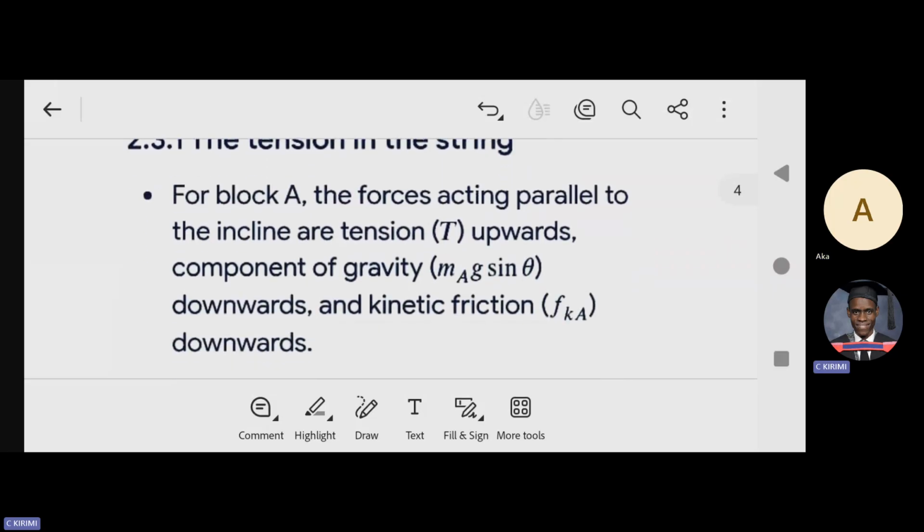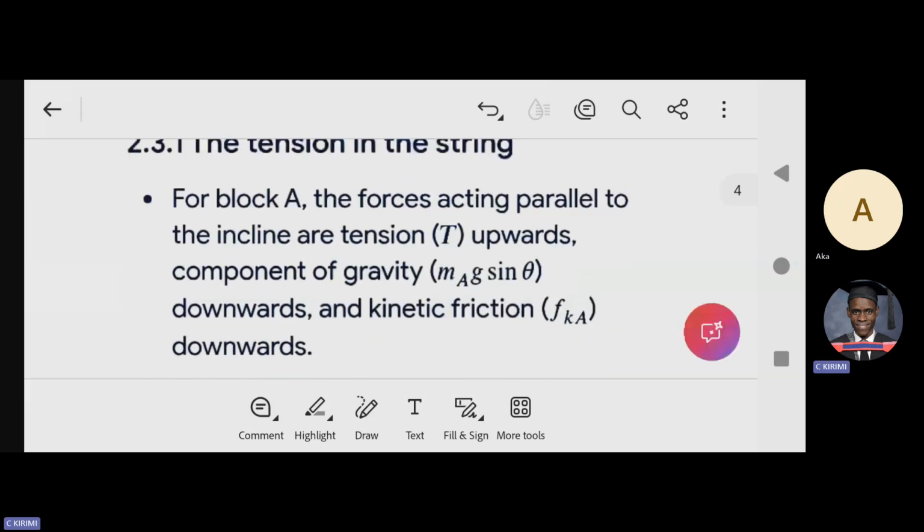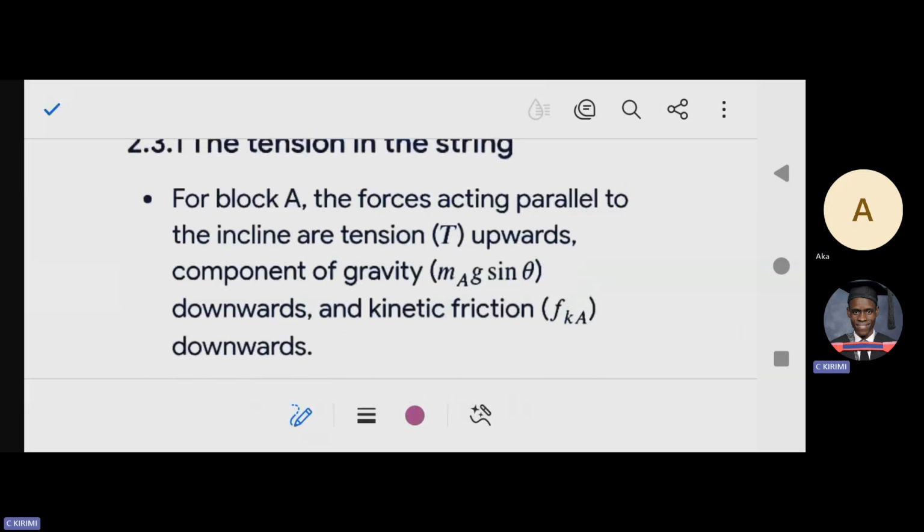So for block A, the force acting parallel to the incline for block A is the tension, which is upwards. It's only the tension for block A. And the component of the gravity for block A is mg sine what?